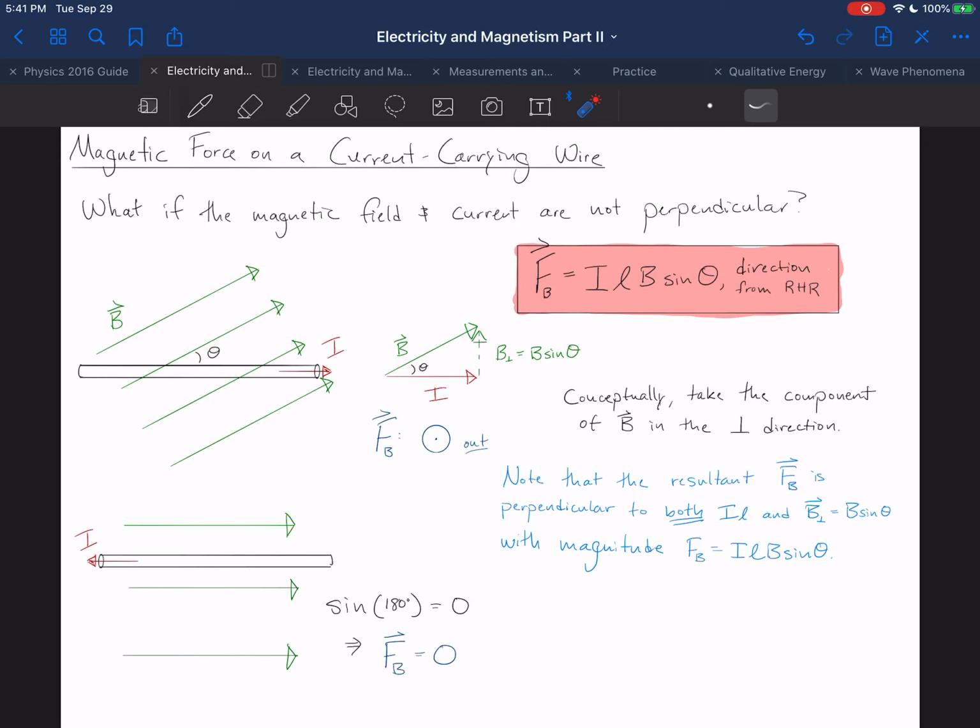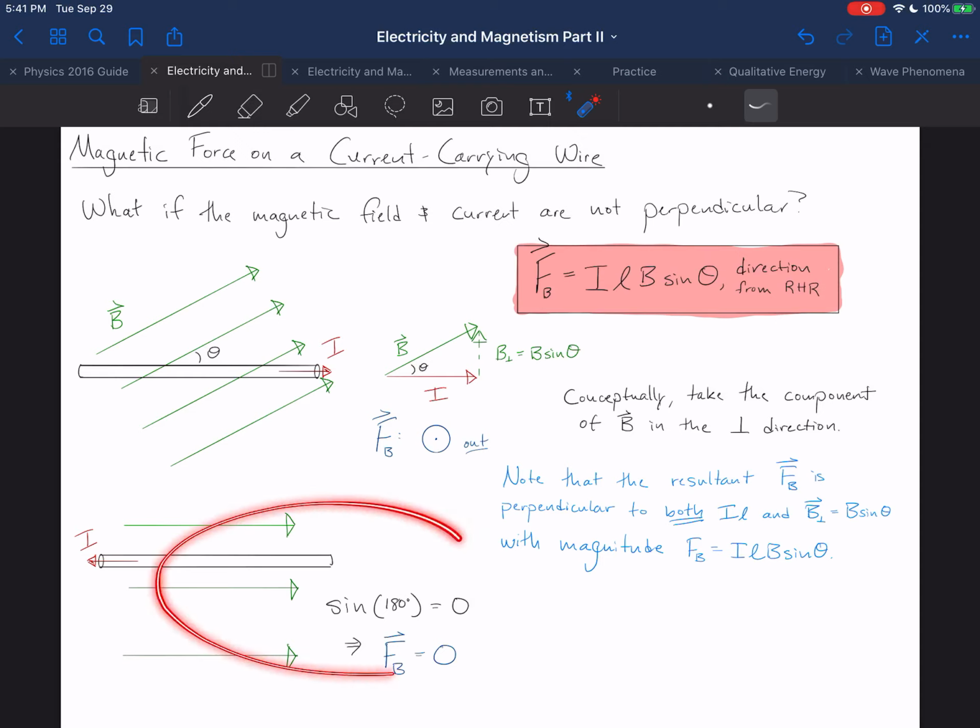Note that the resultant magnetic force is perpendicular to both IL and that perpendicular component of the magnetic field, although it is not perfectly perpendicular to the magnetic field itself, necessarily. It is pointed out in the third dimension here.